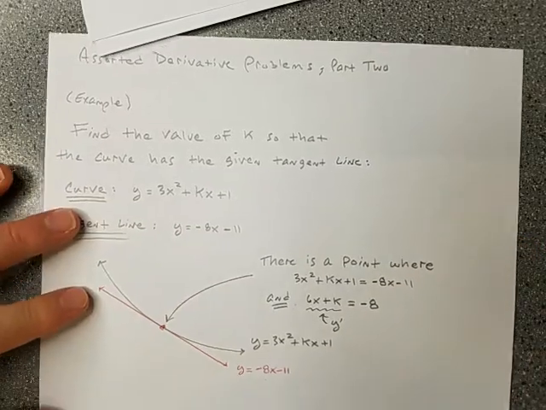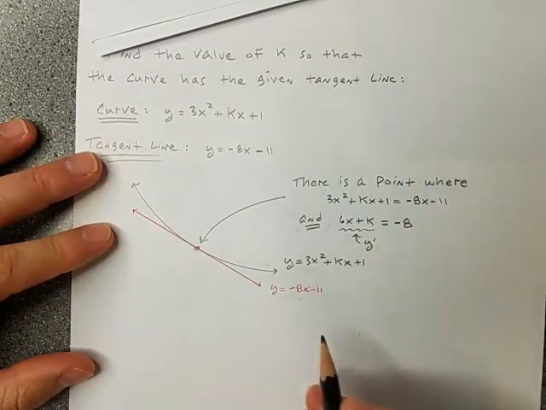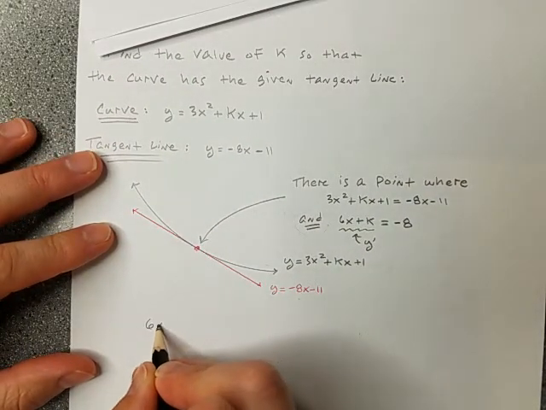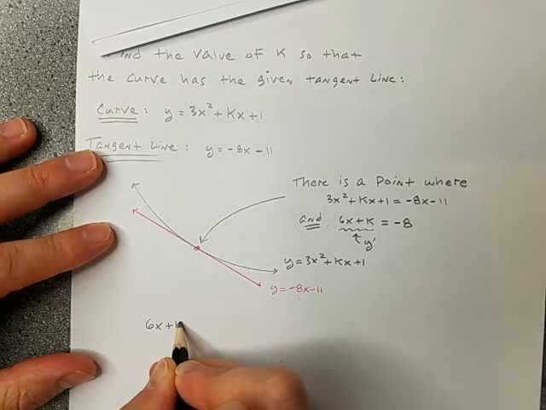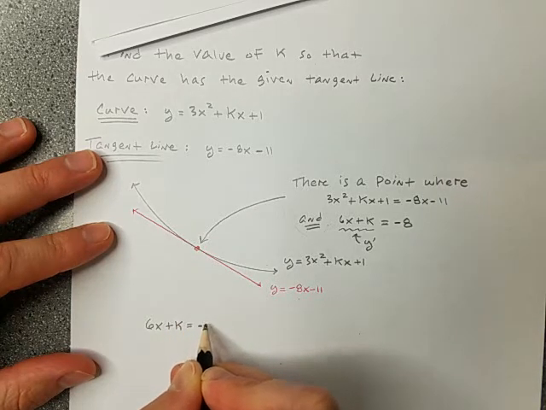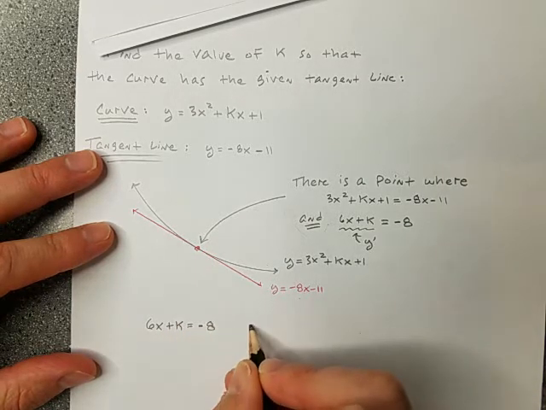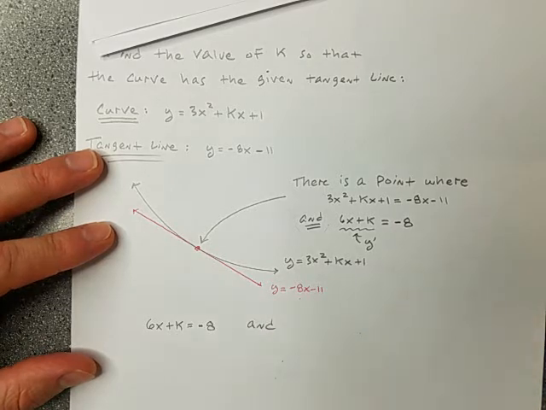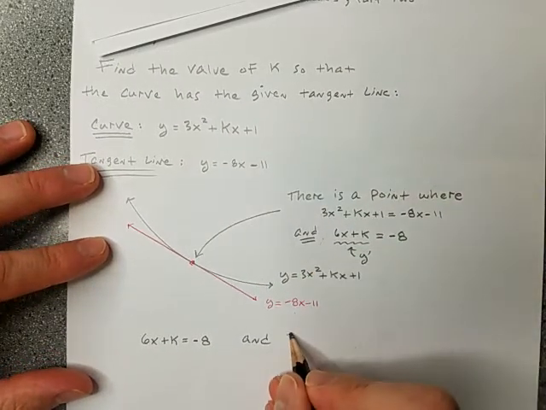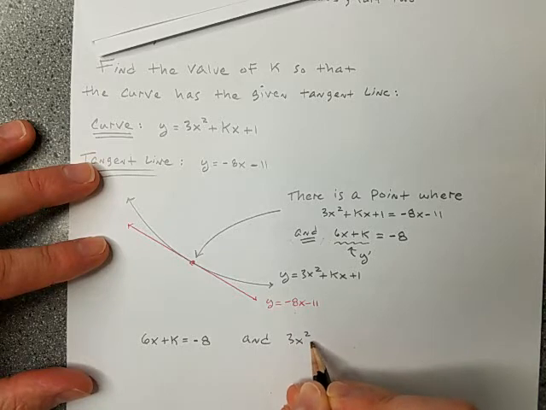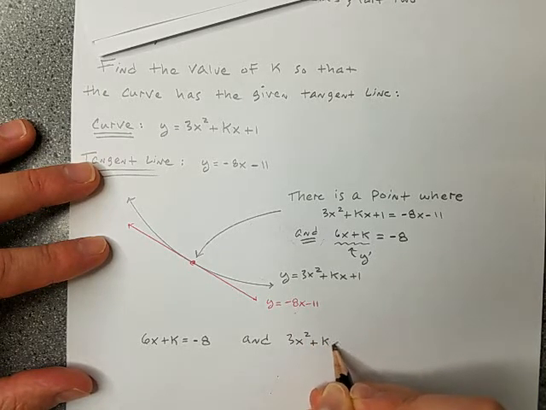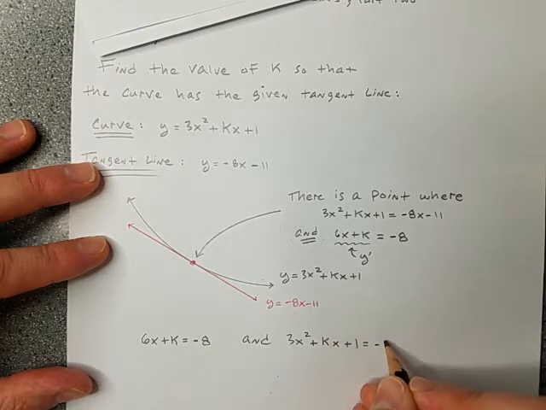So let's get into the work now. I need to solve 6x plus k equal to negative 8, and this other one, 3x squared plus k times x plus 1 equals negative 8x minus 11.